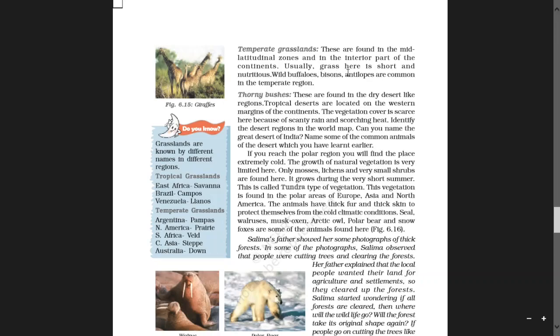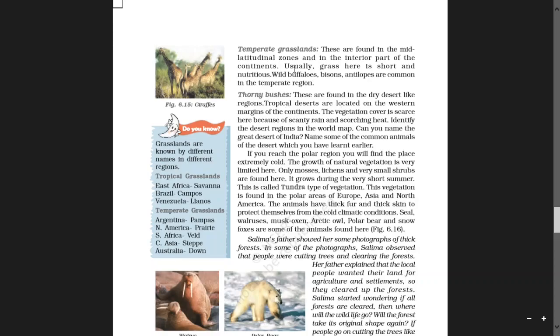Wild animals such as wild buffaloes, bisons and antelopes are common in the temperate regions.